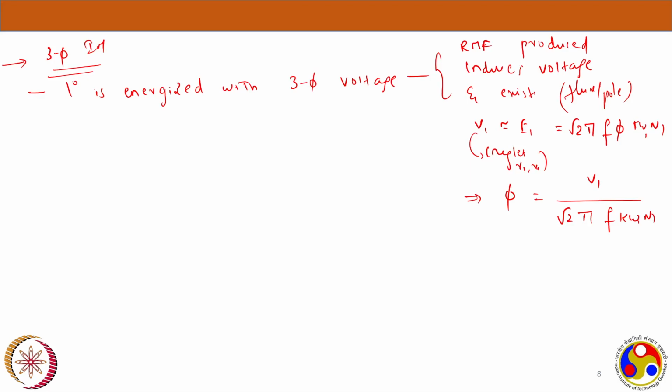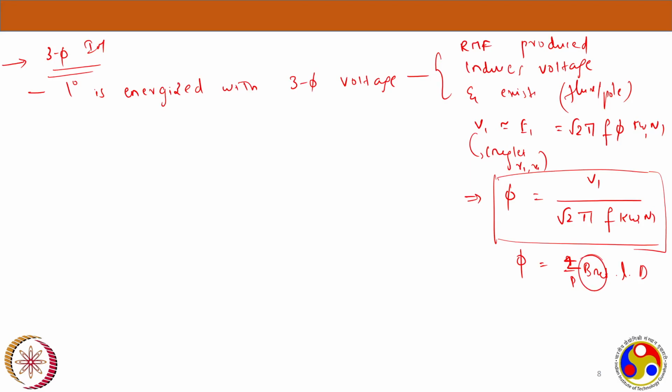Even before last week, we saw the derivation of flux per pole, where we had 4 by P times the net length into diameter, which is 2 times the radius; that is the area of cross section of the pole. So here, the flux is always dependent on the net magnetic field density B.